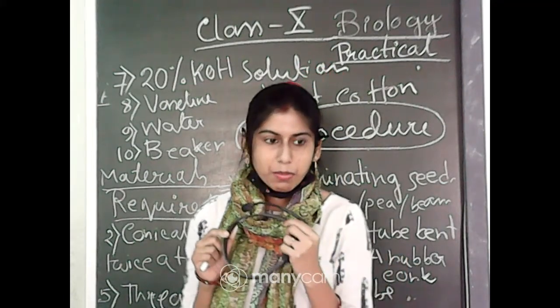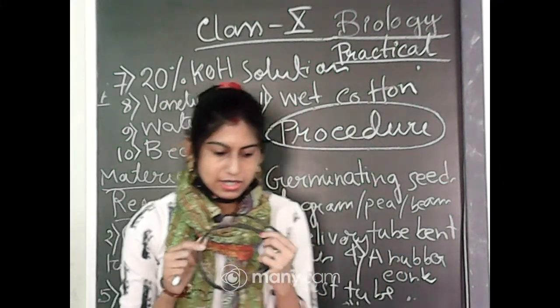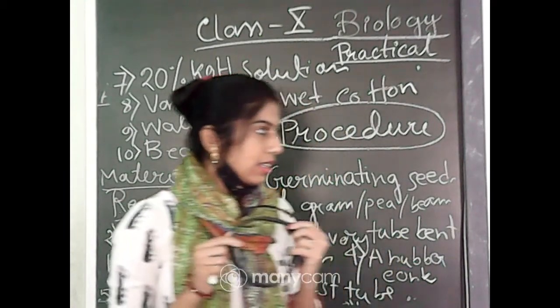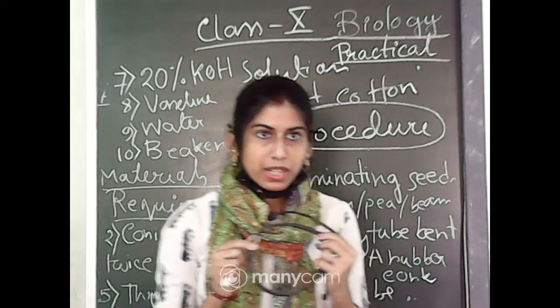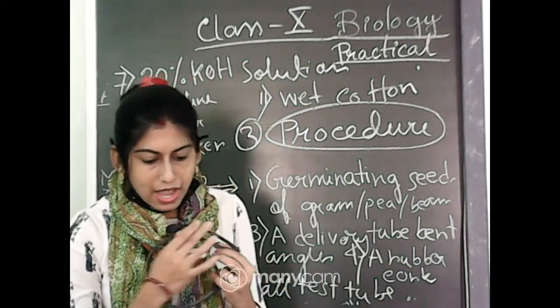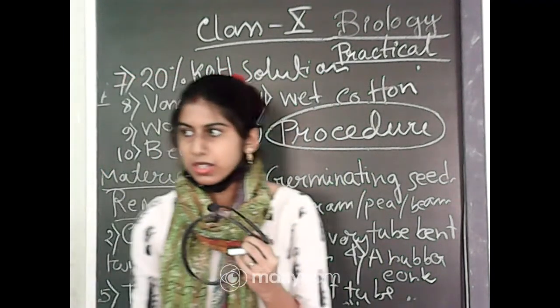And the last point, point number 9, is: note the change in the level of water in the end of the delivery tube which lies in the beaker containing water.